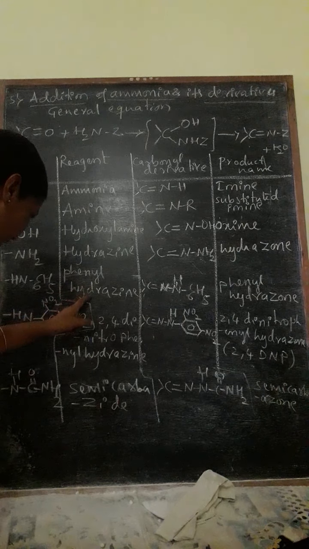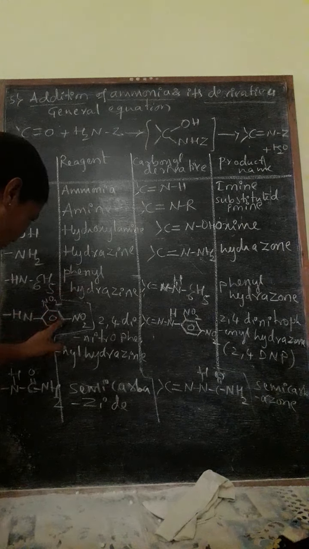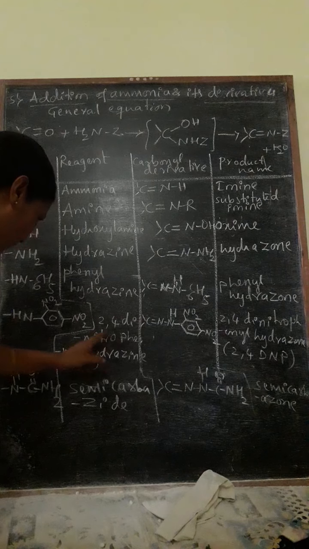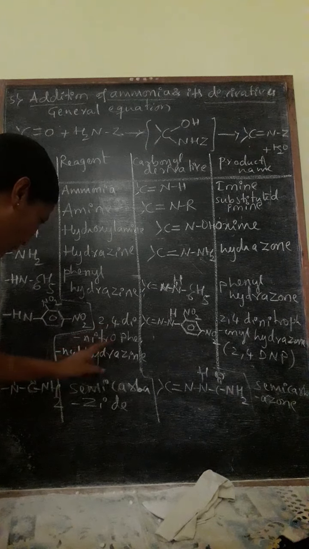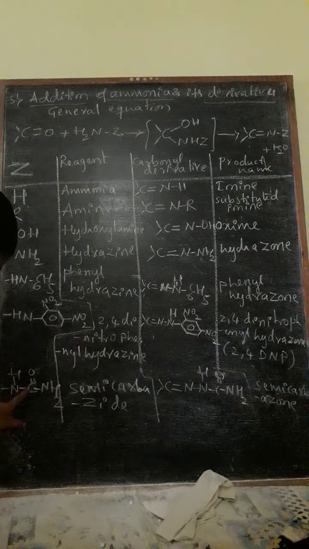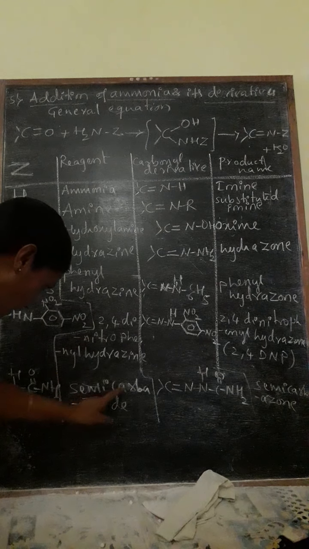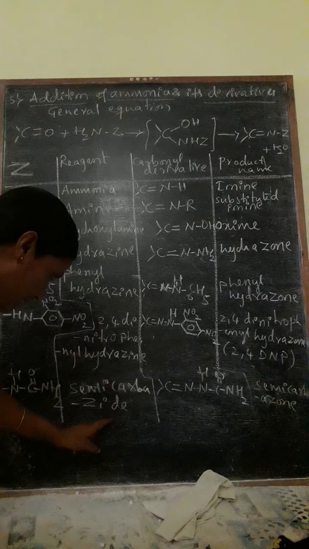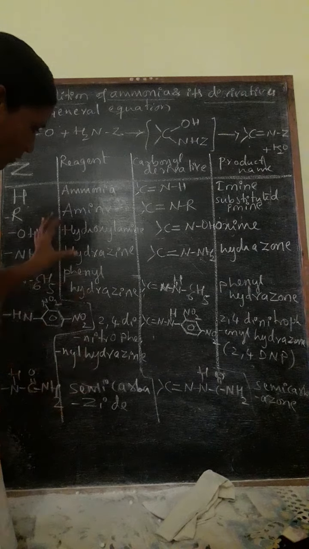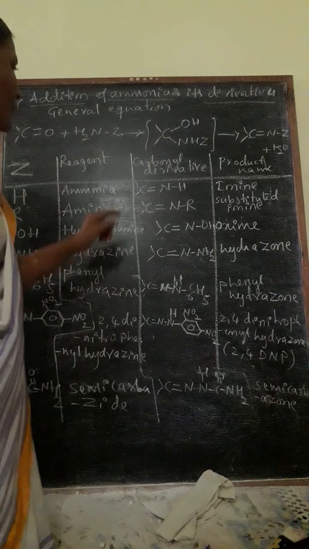In phenylhydrazine, positions 2 and 4 have got nitro groups. Hence, the name is 2,4-dinitrophenylhydrazine. And the last reagent has the formula NHCONH2. Instead of Z, if you substitute this reagent, the name becomes semicarbazide. So these are somewhat different reagents known as ammonia derivatives.